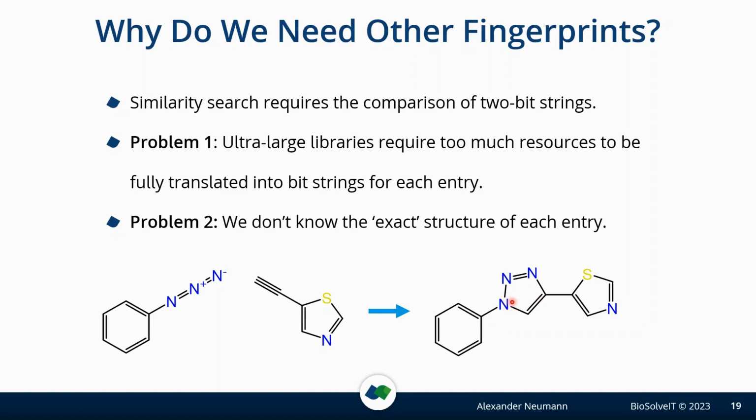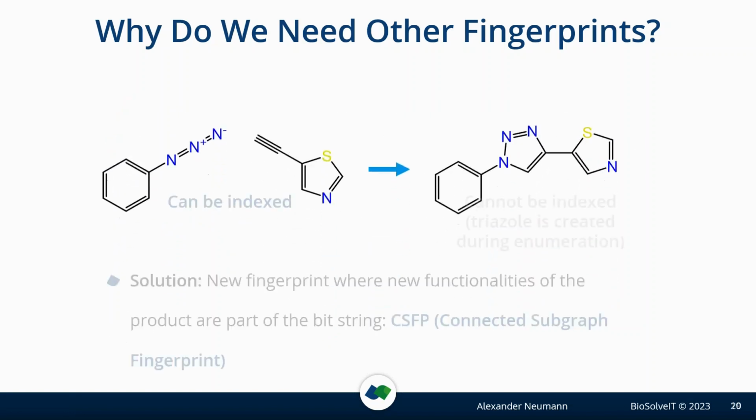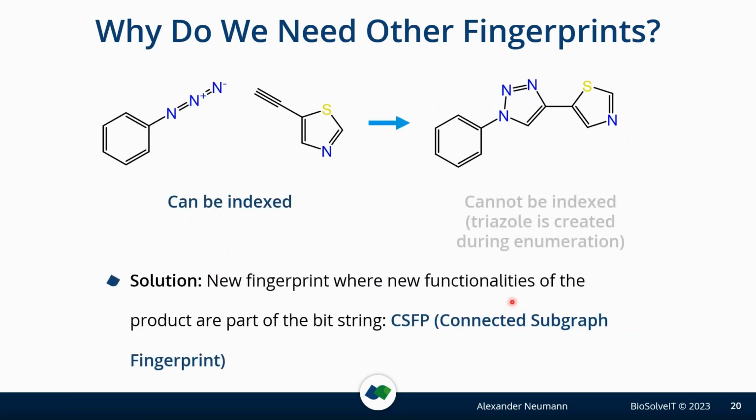This is why we came up with a new fingerprint, namely the CSFP, the connected subgraph fingerprint. What this fingerprint does, it captures the features a little bit differently compared to the ECFP4, but it can also index the creation of new ring systems.